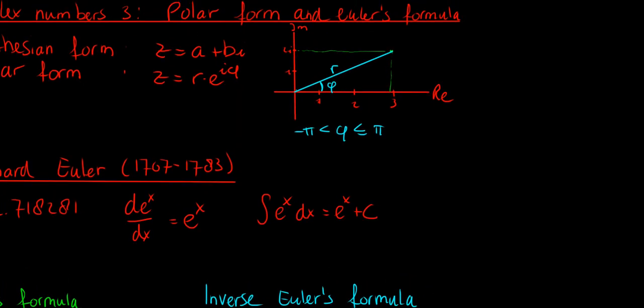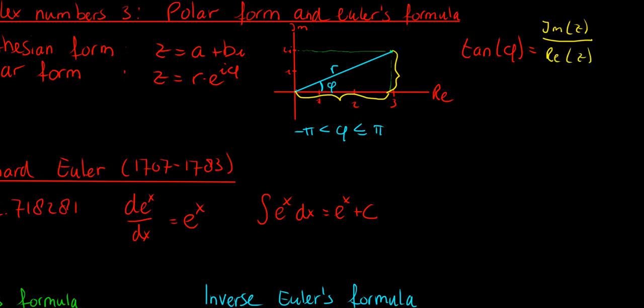Well, if we have this angle here, if we take the tangent of this angle, the tangent was equal to the opposite side. So in our case, it is the imaginary part of our complex number divided by the adjacent side, or in our case, the real part of our complex number.